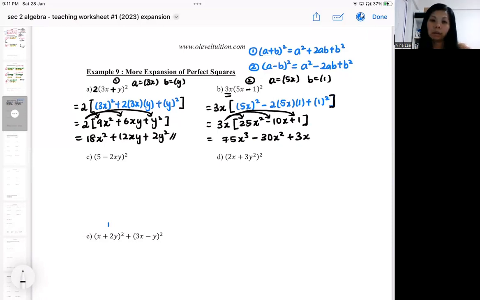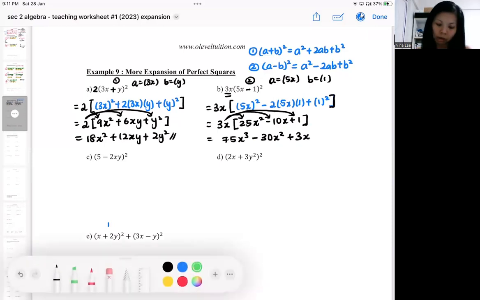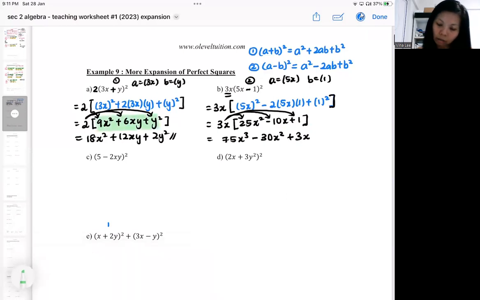So in this case, you can go direct to the expansion, but then you got to show the arrow in.